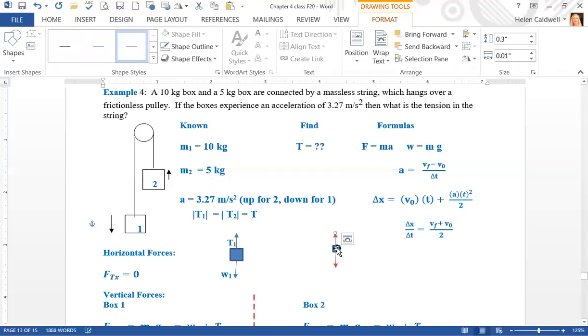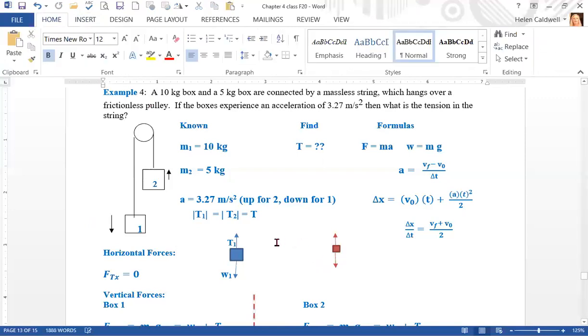That's too orange. How about that? We'll just give it a color. All righty.